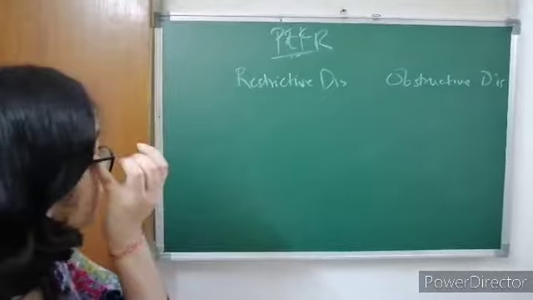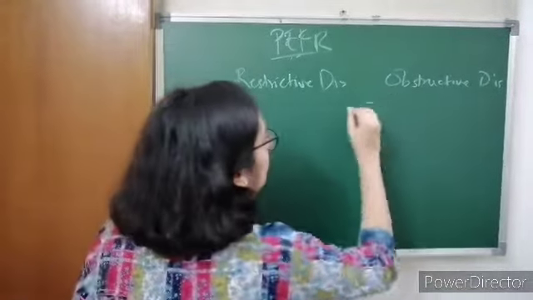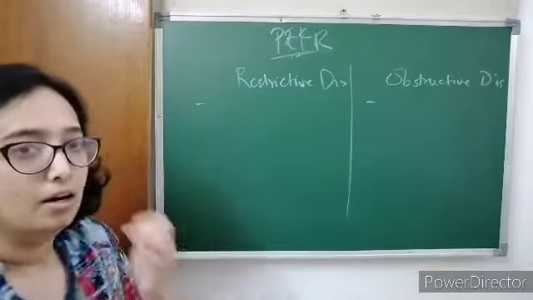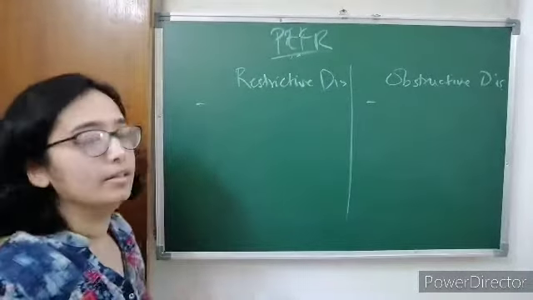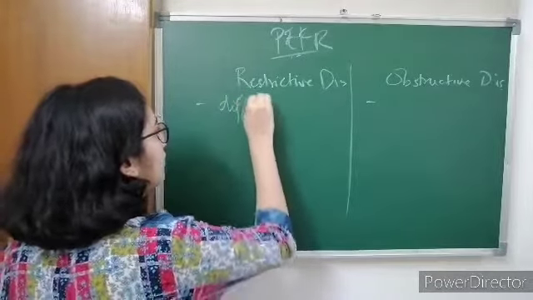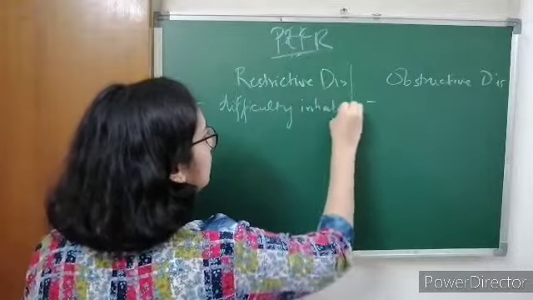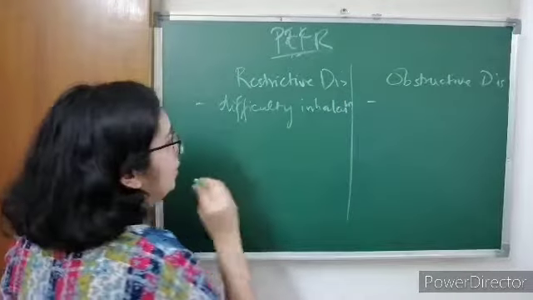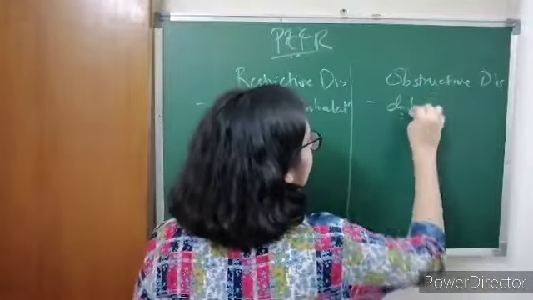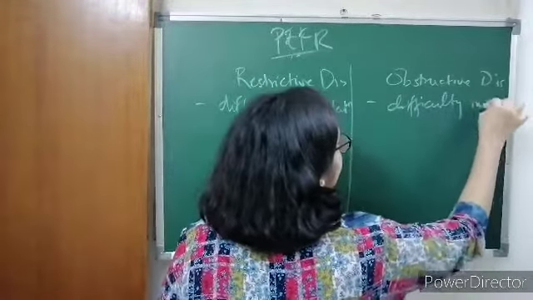In restrictive disease, there is a difficulty in inhalation or inspiration, but in obstructive there is a difficulty in exhalation.